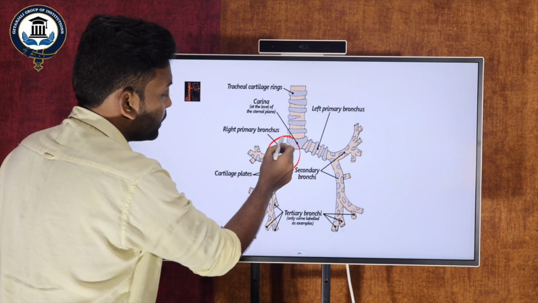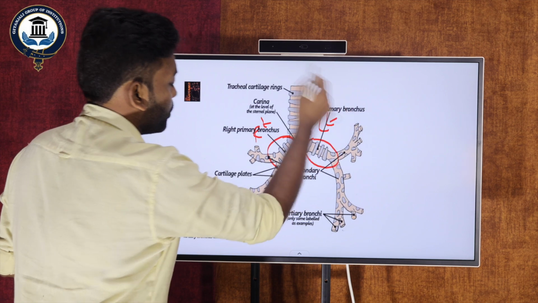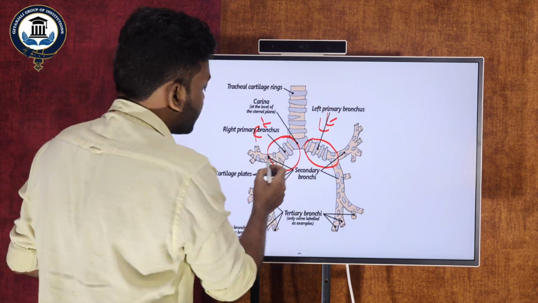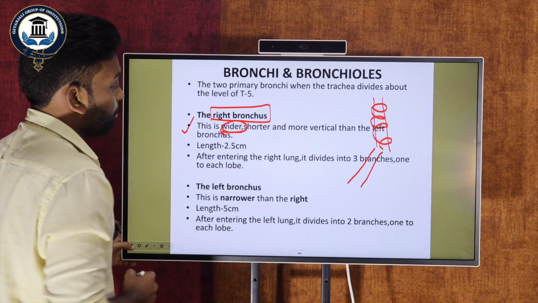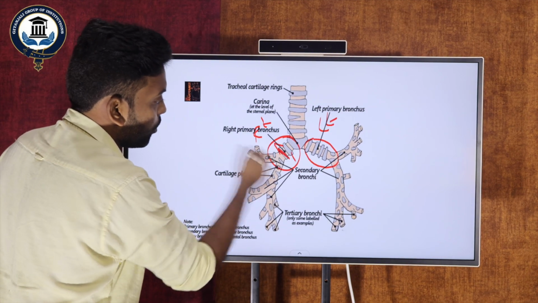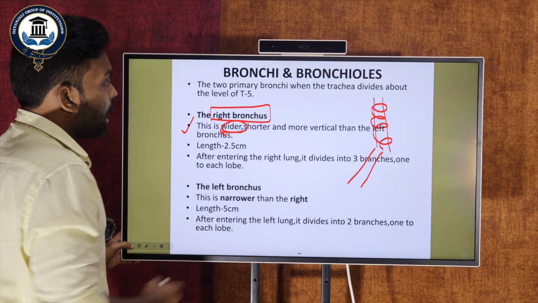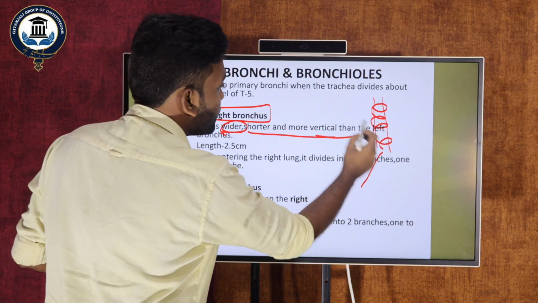This is the wider one, so that is the first point. And the next one is that it is shorter and in a vertical position.